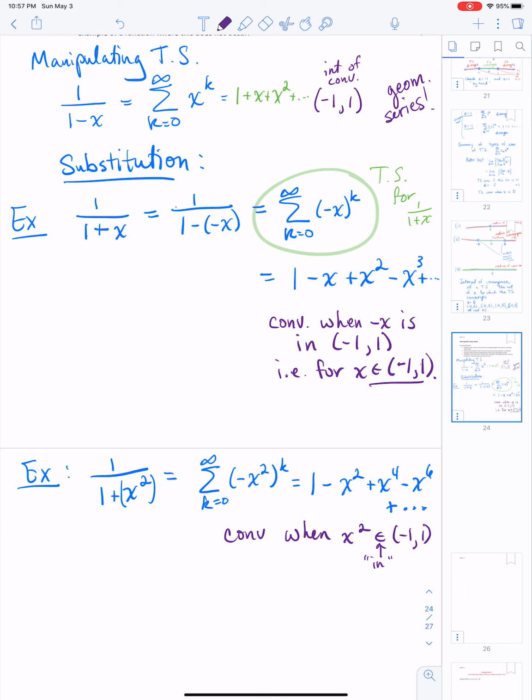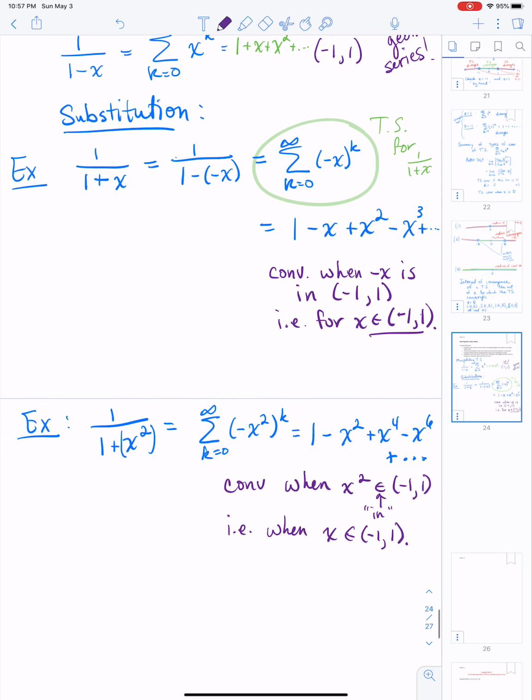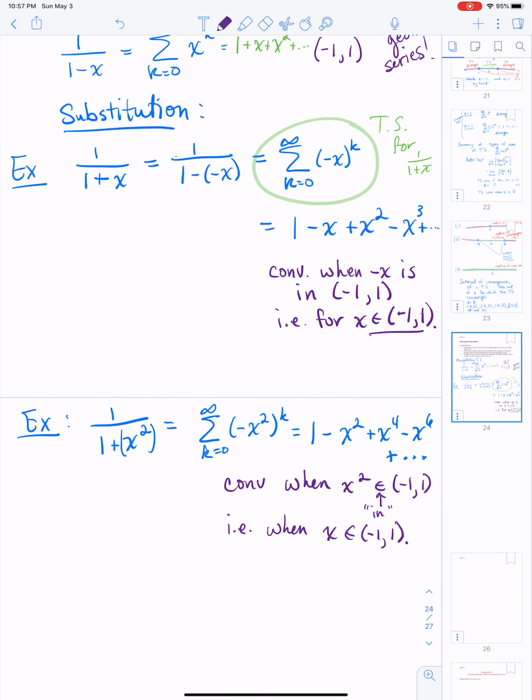And x squared will be in -1 to 1 exactly when x is in -1 to 1.